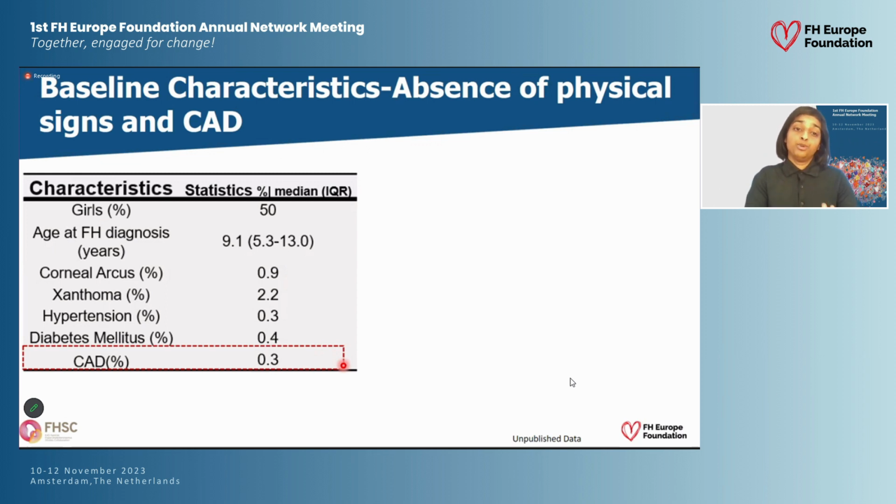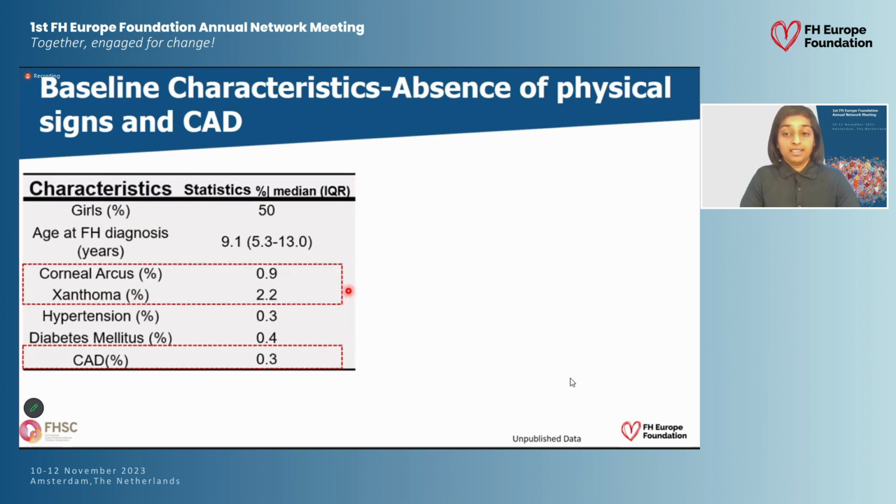Compared to in adulthood, when we are finding FH, we saw earlier that 1 in 6 adults had cardiovascular disease at the time of when they were found to have FH. So again, finding FH in childhood means that they are disease-free, and it can remain like this because we would be able to initiate treatment early in life and therefore enable a life course that matches those of the general population.